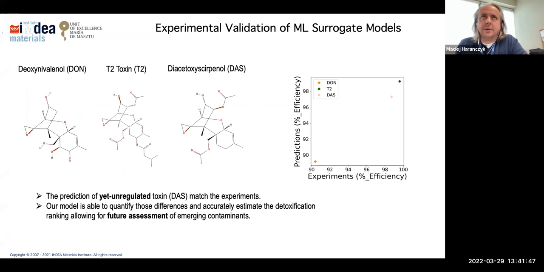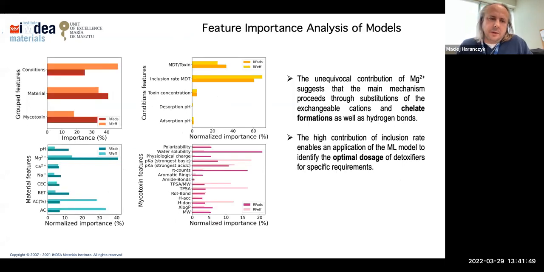And we can analyze those models to see what the important factors are, coming from the mycotoxin, from the material, and from the conditions where it's adsorbed. We see, for example, from the conditions, that an important factor is how much of this detoxifying material we include in the experiment.